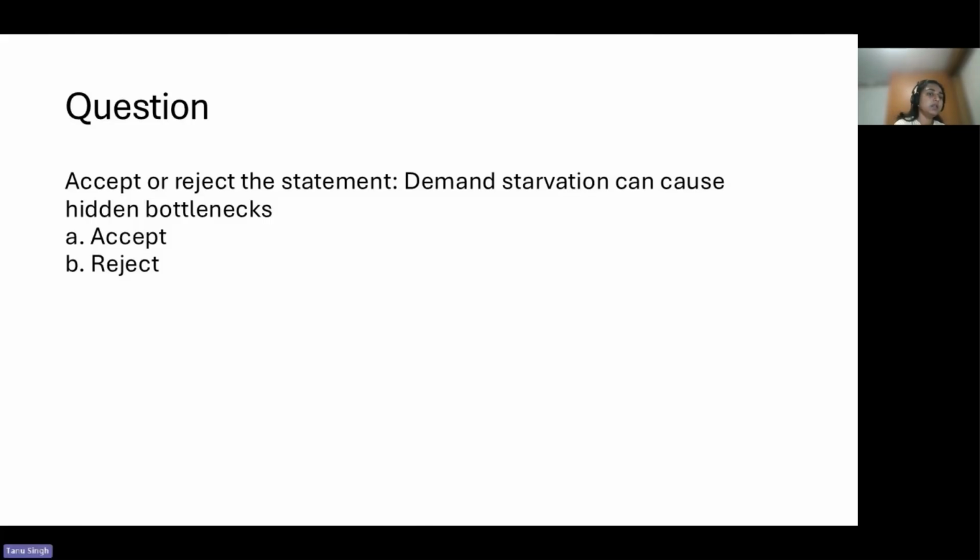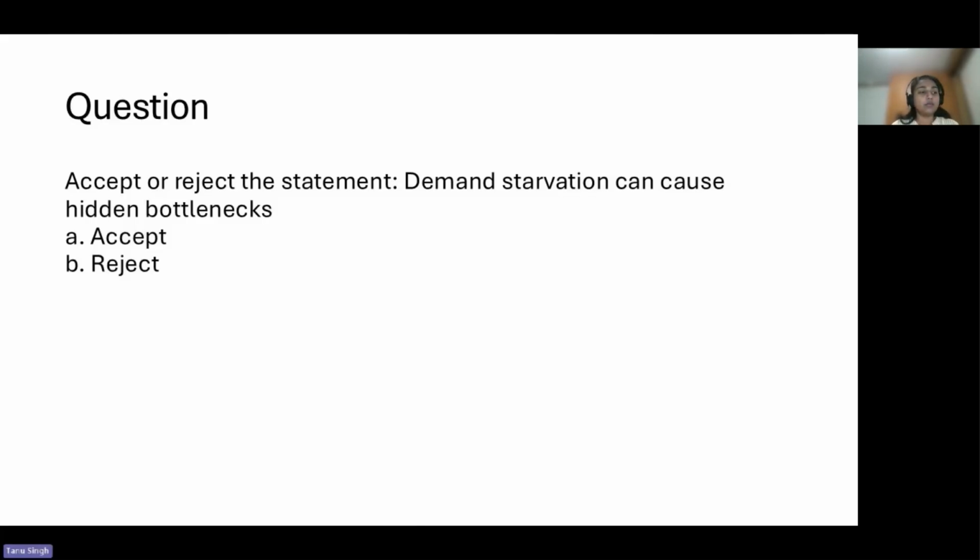If you accept this statement, the reason behind it is that demand starvation mainly occurs when the roadway or link has very low traffic demand. Even if the roadway is capable of carrying more vehicles, insufficient demand prevents it from reaching its full utilization.